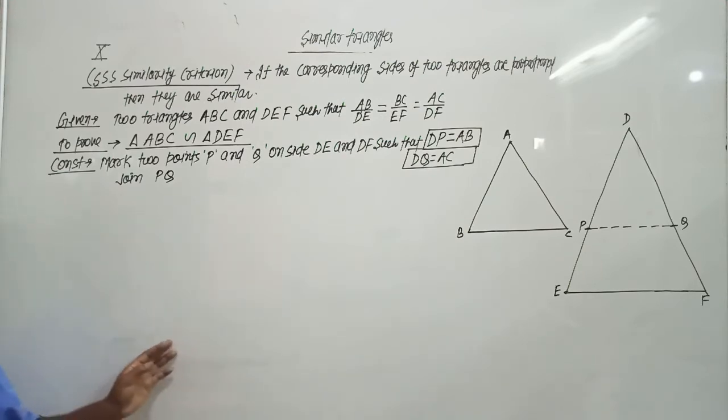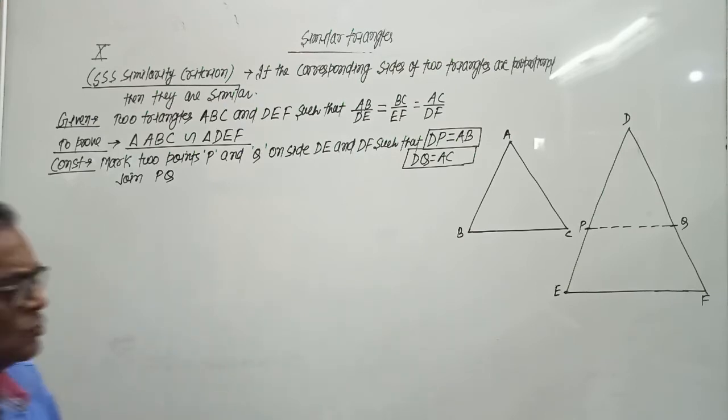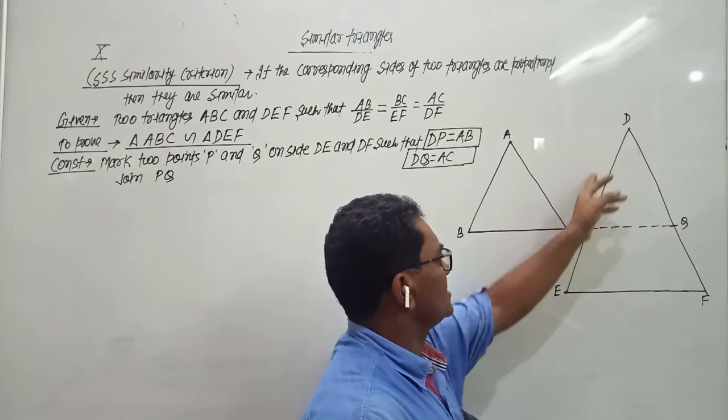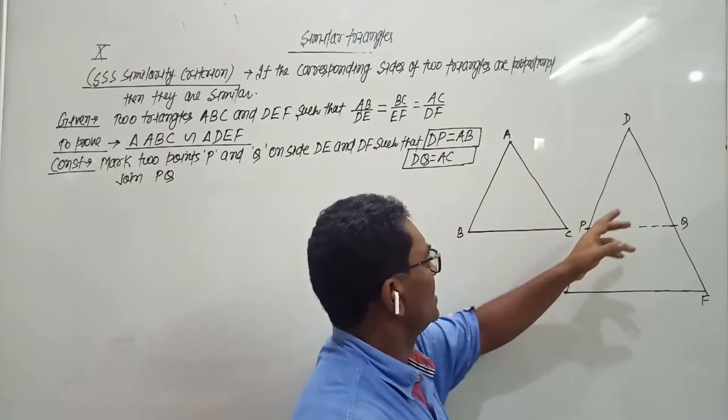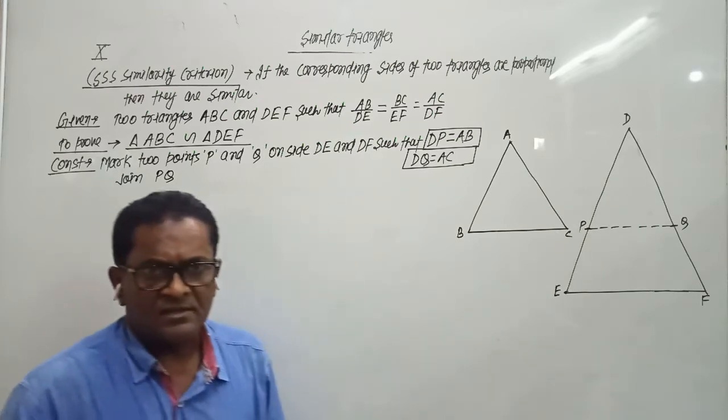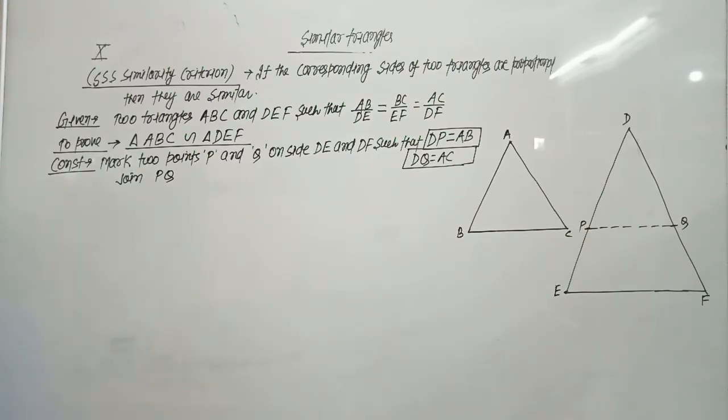So we made a construction: mark two points P and Q on DE and DF such that DP equals AB and DQ equals AC. This is the construction which is made. So let us see the proof.